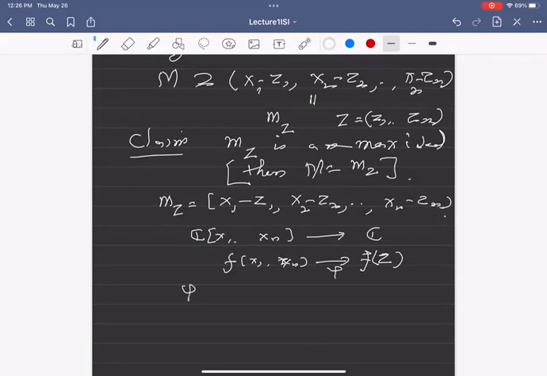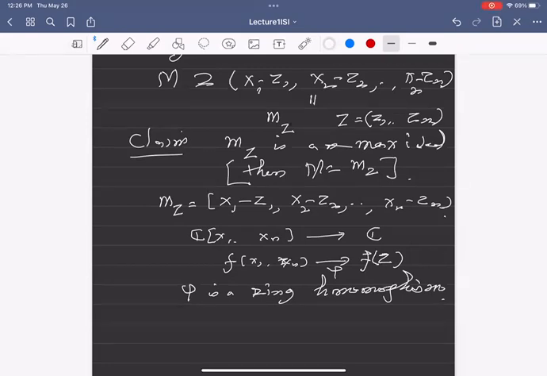Phi is a ring homomorphism; substitution maps are ring homomorphisms. Is the map phi onto? Yes, phi is onto, because at the level of complex numbers it is the identity map. So phi is a surjective ring homomorphism.